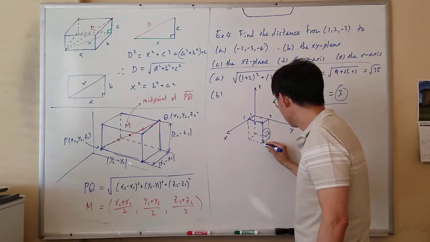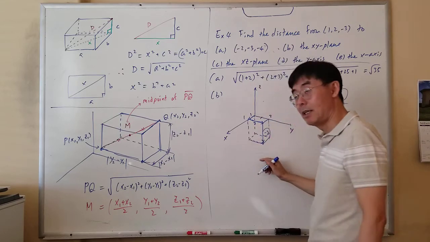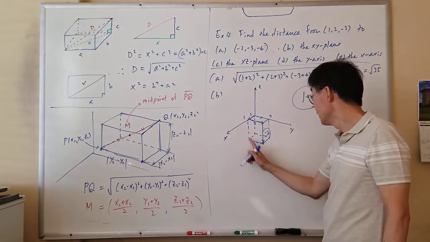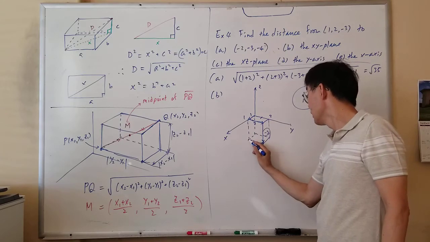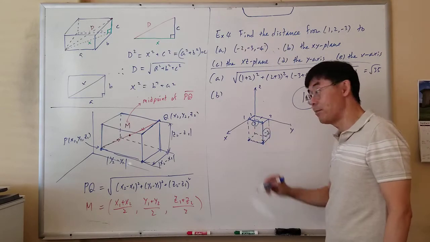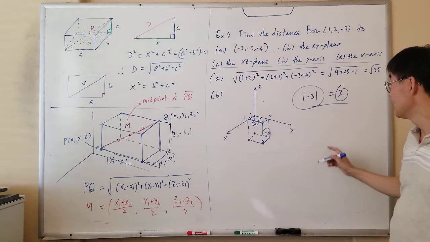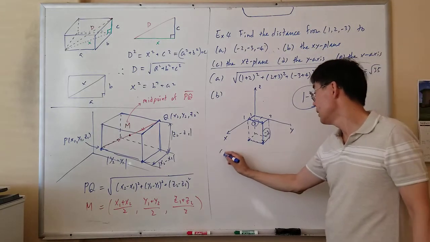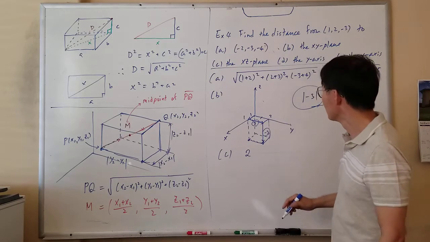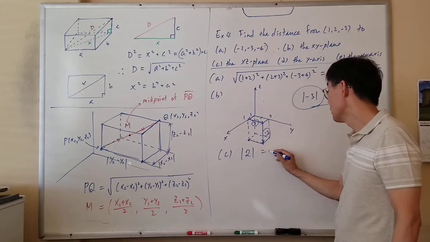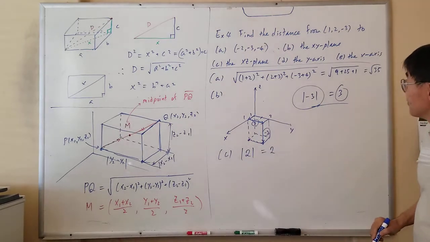Then you have to travel this much until you hit the xz plane, right? This side is the xz plane. That is exactly the absolute value of the y coordinate. So for C, the answer is 2. The absolute value of the y coordinate. So just 2. Okay?